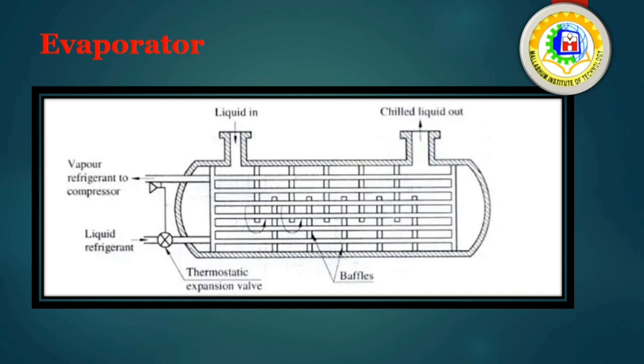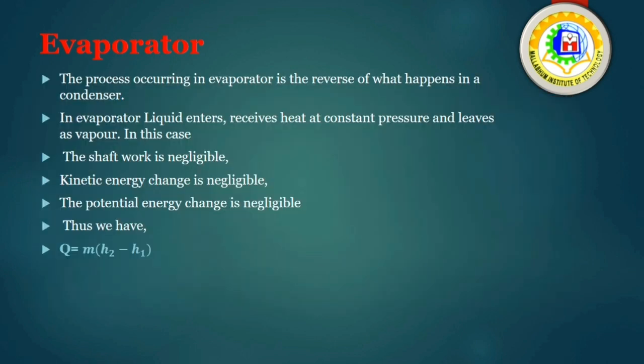This is also a very important part. So what happens in the evaporator? The process occurring in the evaporator is the reverse of what happens in a condenser. In the evaporator, liquid enters, receives heat at constant pressure and leaves as vapor. There is no shaft work, so WS is 0.